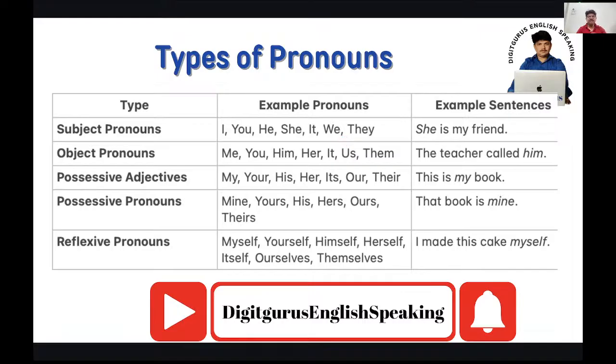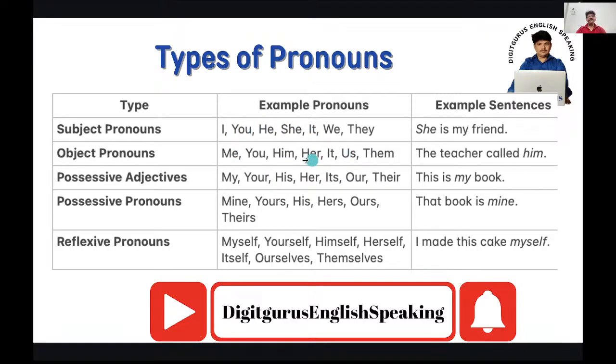But when these pronouns come in sentences, at that time we get confused about which type of pronoun it is. Therefore, practicing these pronouns in our daily conversation and sentences is most important. So let us repeat it once again so that you will feel comfortable with all this.